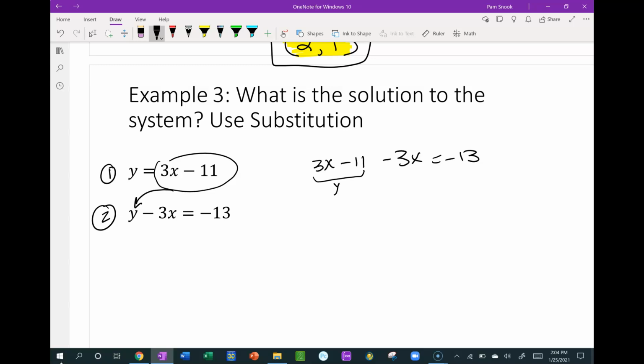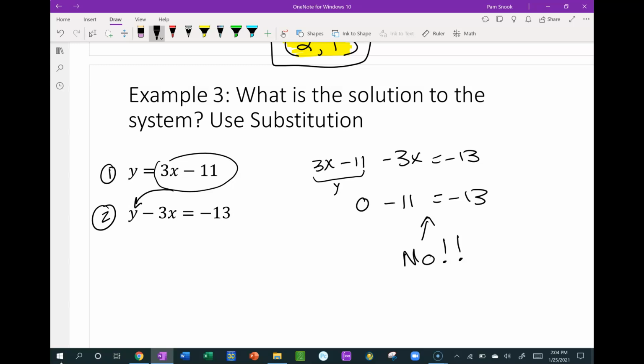Now combine like terms. 3x minus 3x, that's a 0. Minus 11 equals negative 13. No. Negative 11 does not equal negative 13.